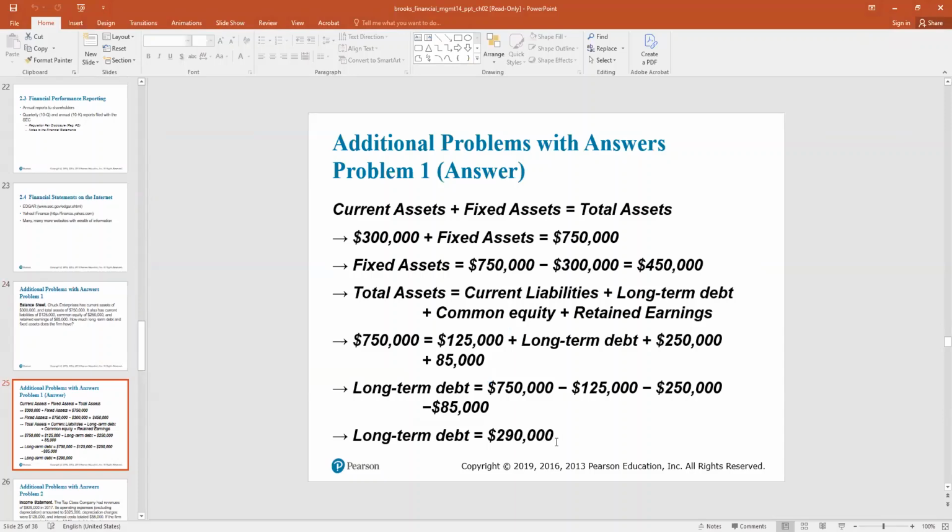So this is the long-term debt and the fixed asset.